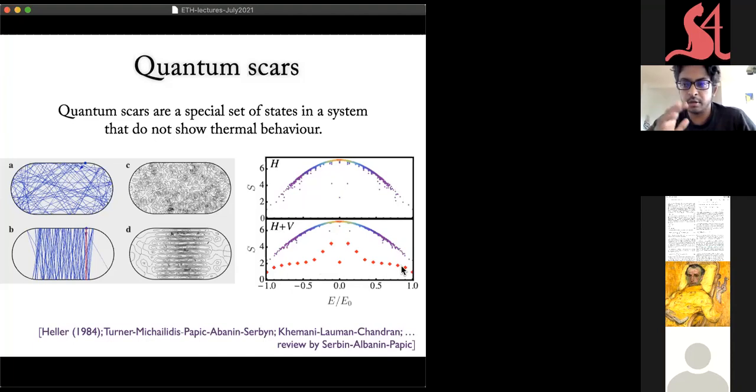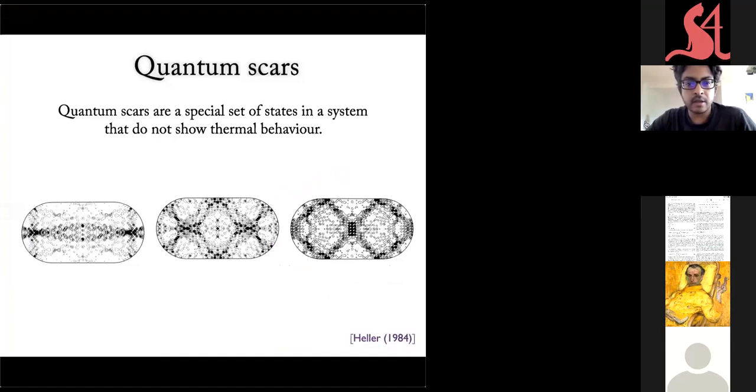So these are special. And actually, in the billiard example, one can find some states whose classical trajectories are stable, and their quantum analogs are the quantum scars.